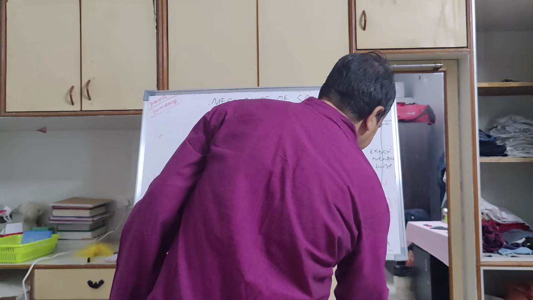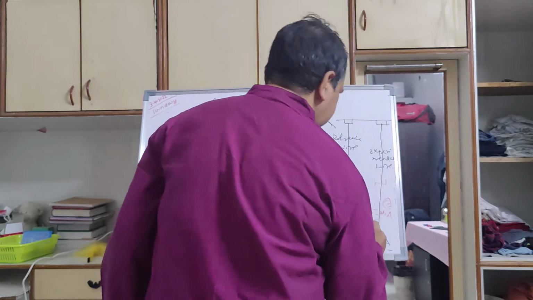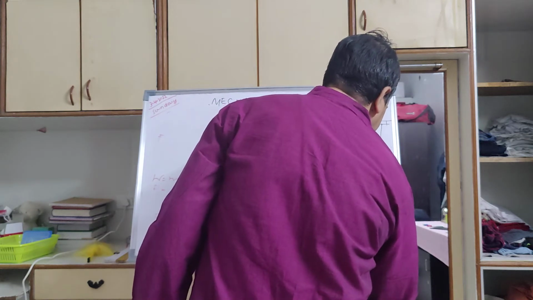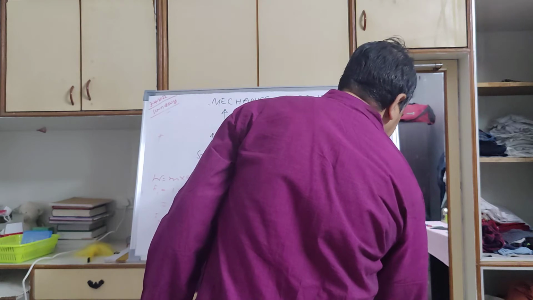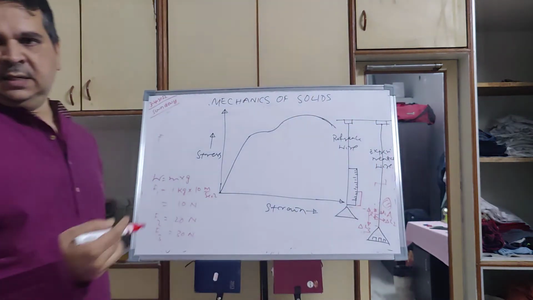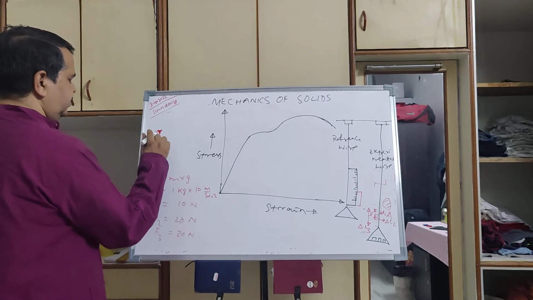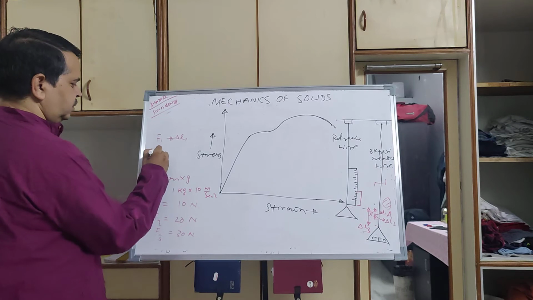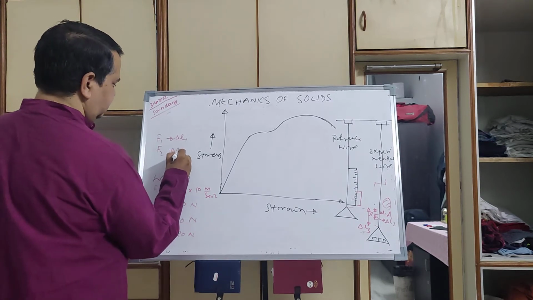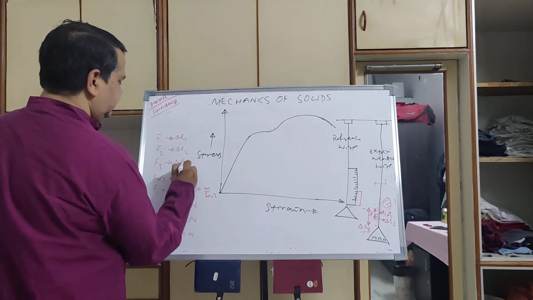Corresponding to F1 it will be del L1, corresponding to F2 it will be del L2, and corresponding to F3 it is del L3.